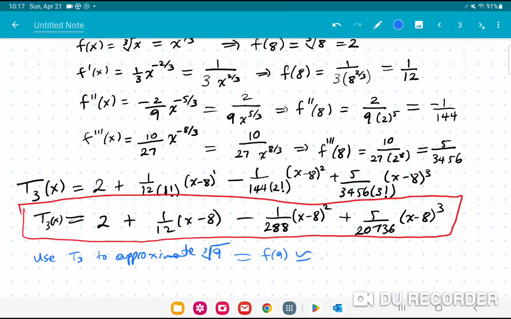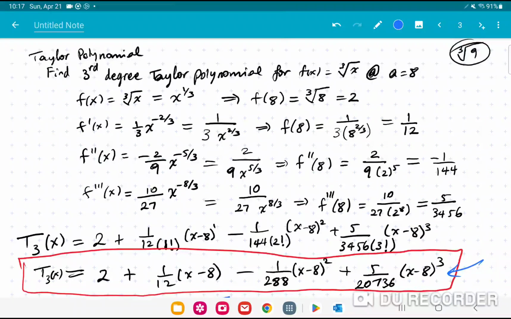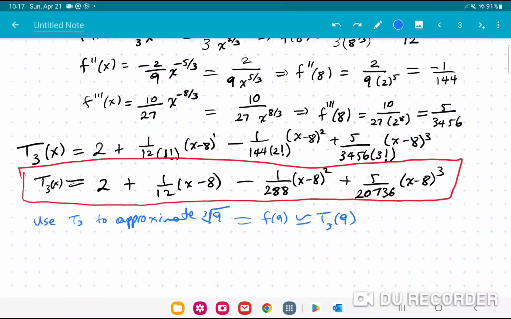So we're going to approximate that by t3 of 9. We're supposed to use this to calculate cube root of 9. This is the exact function that we should stick 9 in to get the exact value, but we're going to approximate it by this function.